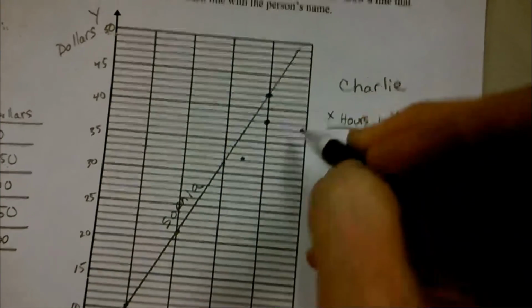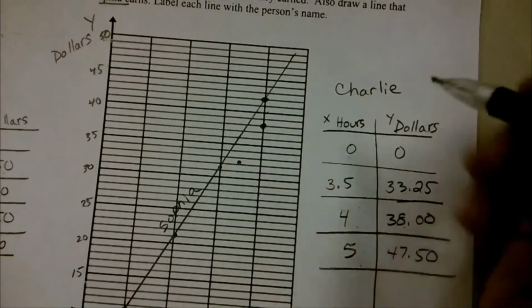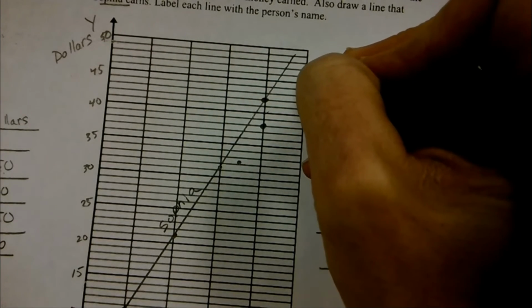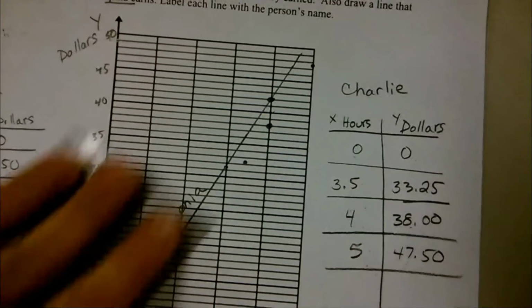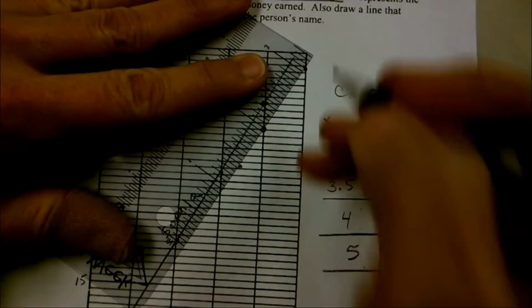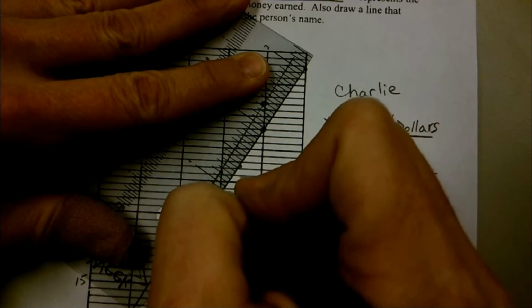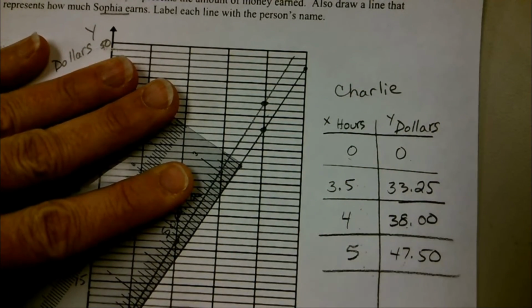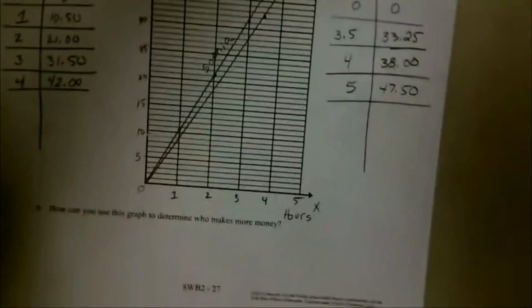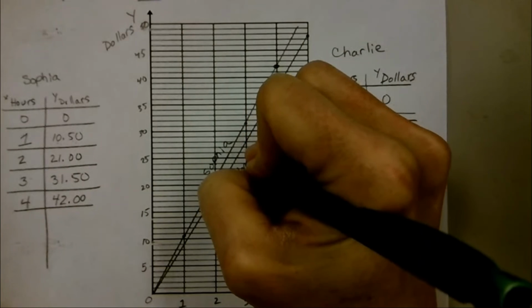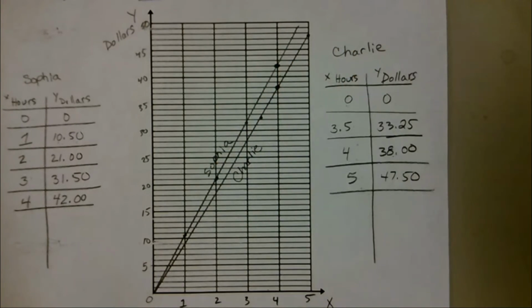And then 5 hours is 47.50. That's going to be 45, 46, 47, and 50 is in between those two. Now I'm going to connect those dots, and you want to go all the way to 0. Okay, let me back that up. Your graph should look like that. And here, label that Charlie, please.